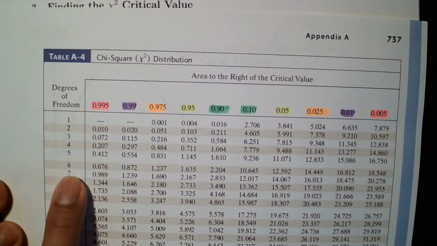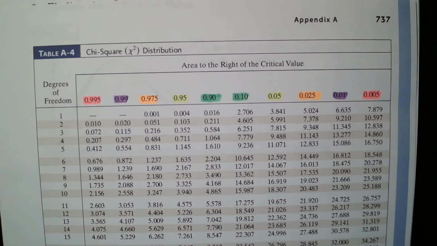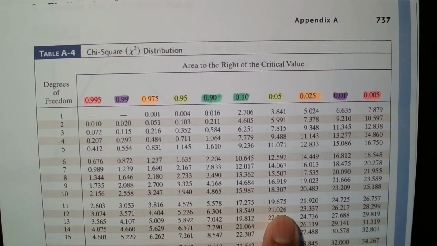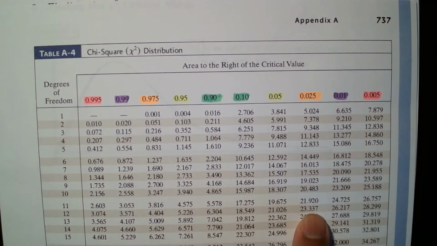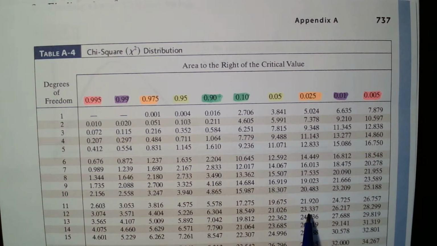So I'm going to go down to the number 12, and the number that coincides with 0.05, which in this case is 0.025 actually, is 23.337, which is this number. So 12 degrees of freedom, 0.025 to the right.